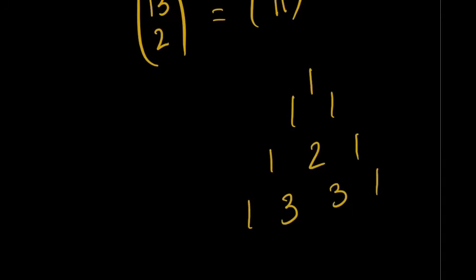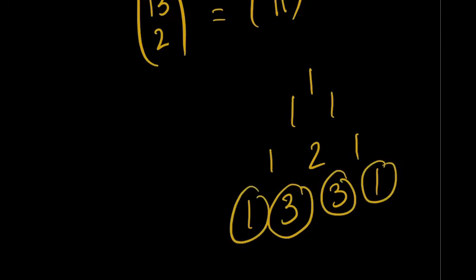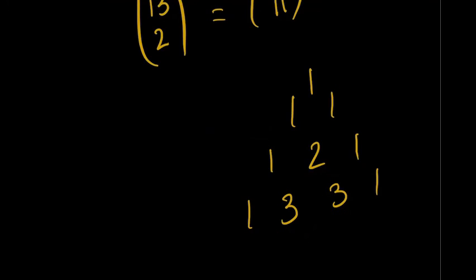So Pascal's triangle is how we can find the values of certain combinations. You can look at the values of these numbers, and they would tell you the number of combinations for a particular numerical value of n.